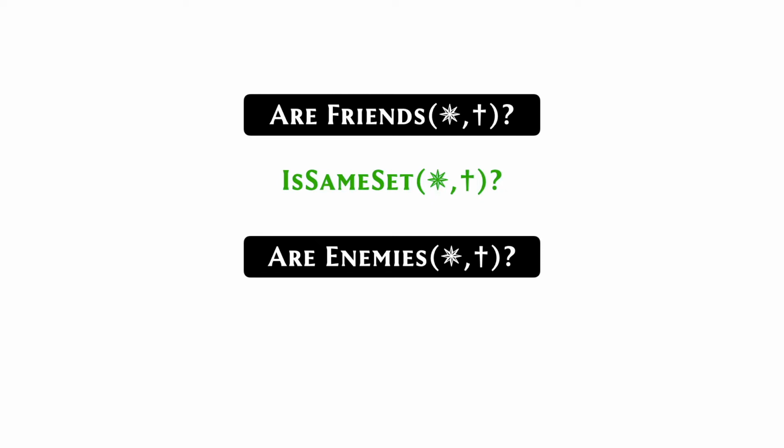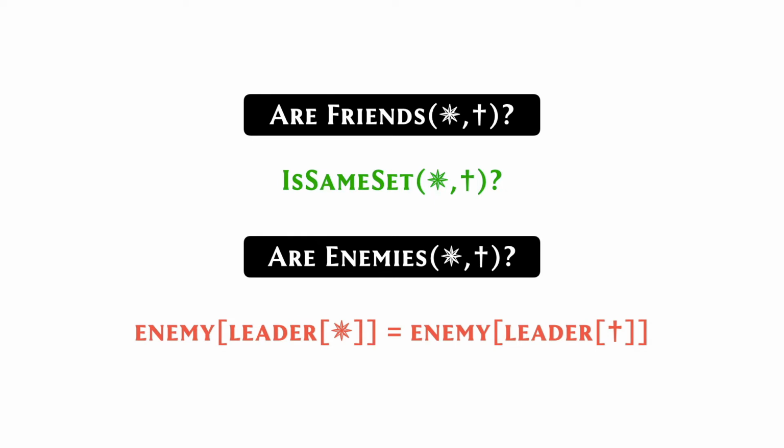And if the two people who are involved are enemies, then very similarly you can infer that the leaders of their sets are also going to be enemies. So that's all that you need to do here. You need to go to the leader elements for the two people on whom the query is being made, and you need to check if they are mutual enemies, and this information is being tracked by this enemy array. So that's all that you need to check here.